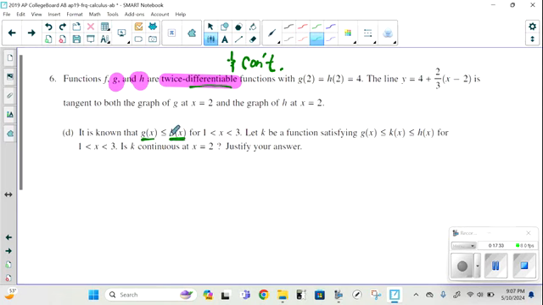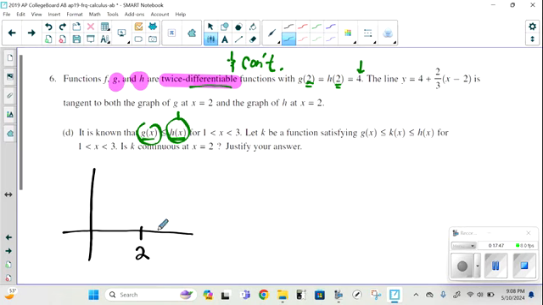G of x and h of x are the same when x equals 2. They're both 4. But other than that, h of x is always bigger than g of x. So if I were to have a graph here, here's where x equals 2. We'll do g of x in red and h of x in blue, all right? At 2, they're the same thing. This is 4.